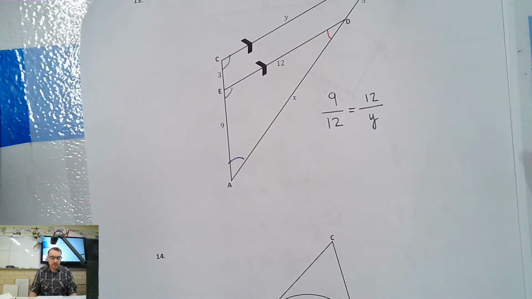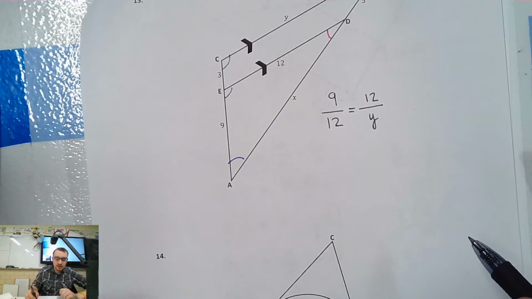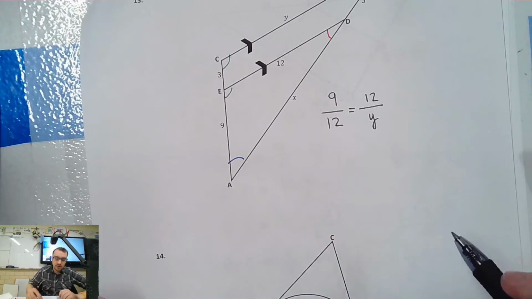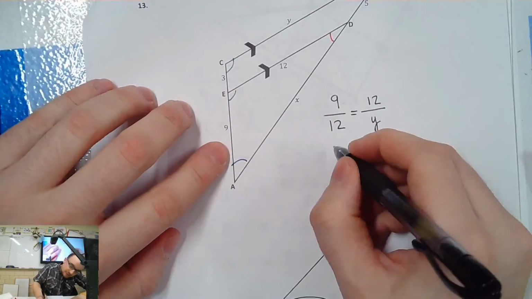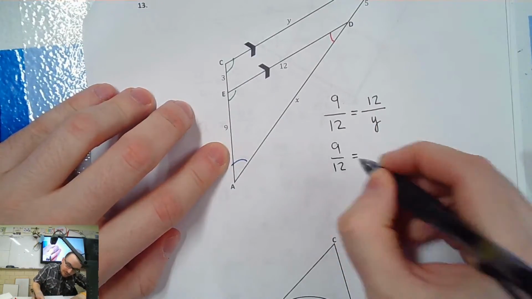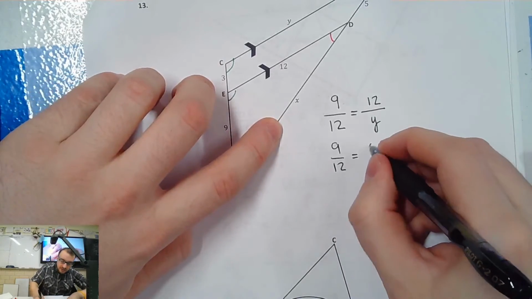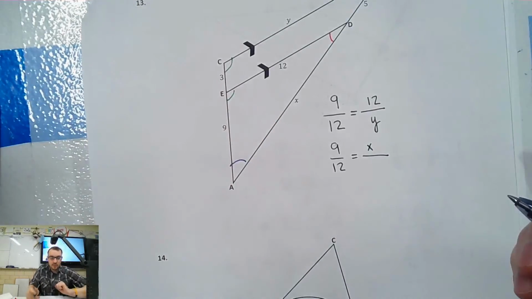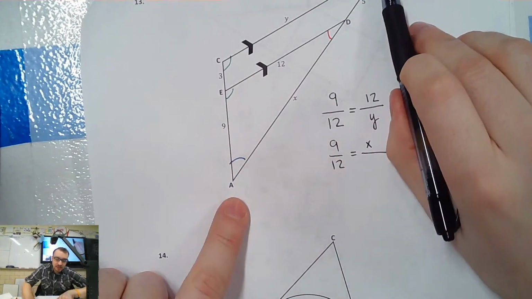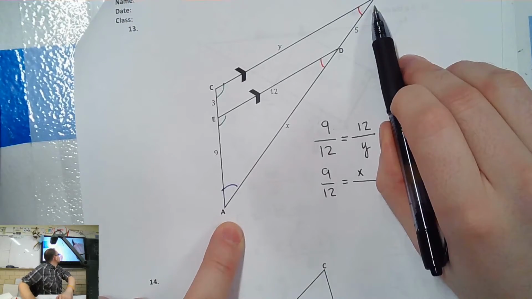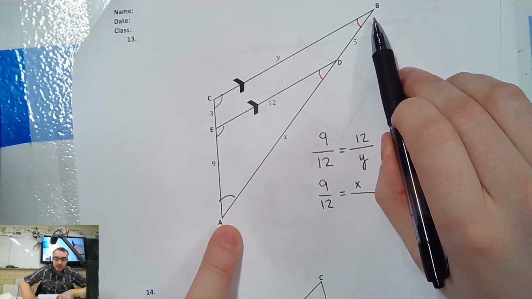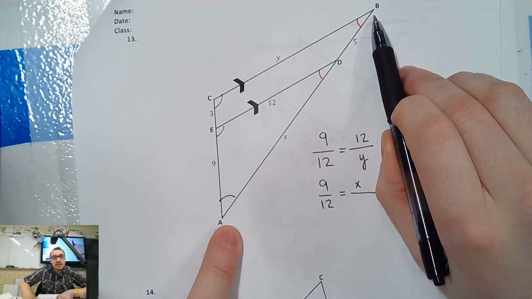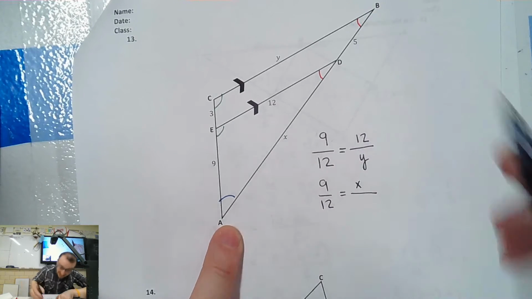Okay, I'll leave that. Wait, so what about the x? What do you do with the x? Same thing, right? 9 over 12 will also equal whatever the little guy's side is, x. What's the big guy's side? Think segment addition postulate. What's the whole length here? 5 plus x. Yes!